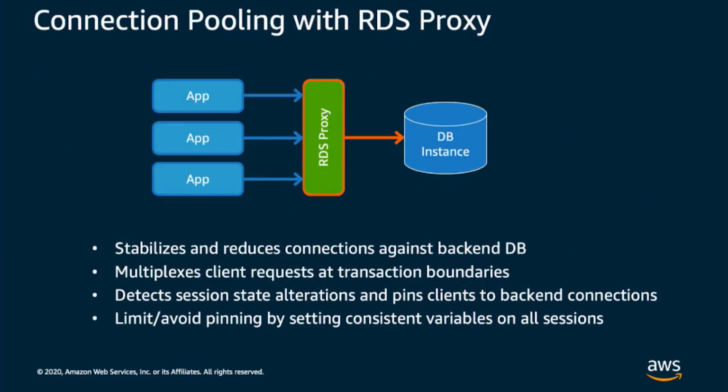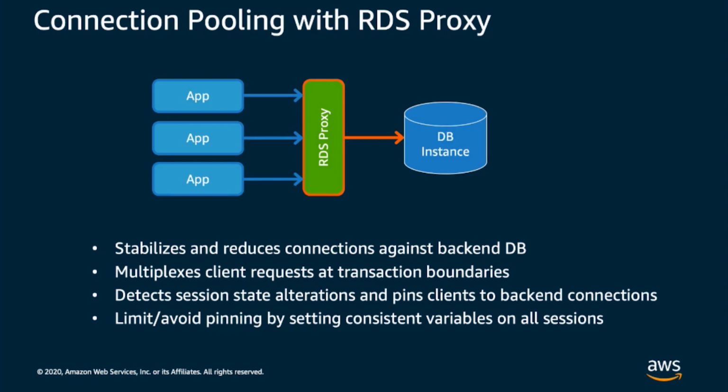For connection pooling, you create an RDS Proxy that sits in front of your DB instance, and you use the RDS Proxy as your application connection point.